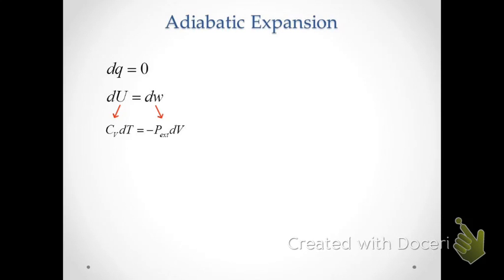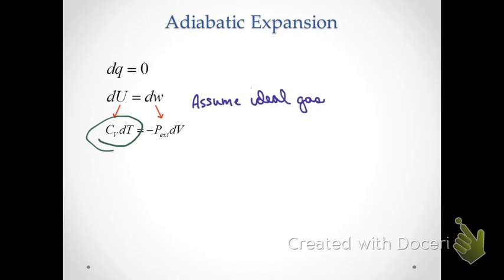Now, we'll note that dW, of course, is defined as negative PdV, as we noted in earlier videos. And if we assume an ideal gas, then we'll also note that du is always equal to CV dT, even though this is not a constant volume process. The name itself, adiabatic expansion, indicates that volume is changing.